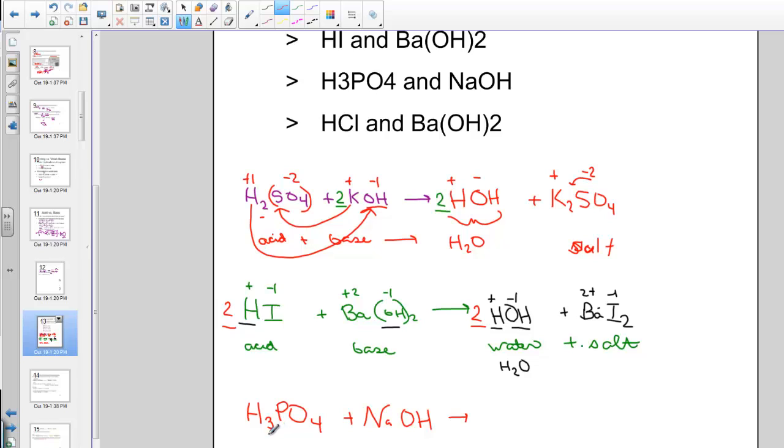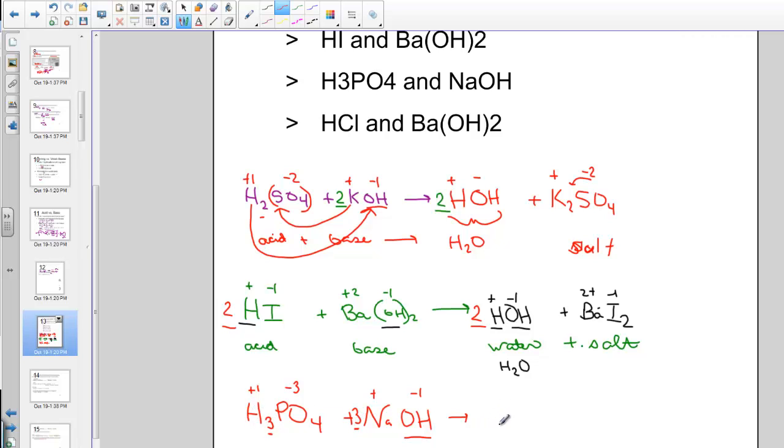Let's predict if we have 3 acid ions being neutralized there by the phosphate polyatomic ion, PO4 is polyatomic phosphate, and we have it reacting with sodium hydroxide. How many of these base ions do you predict will need to neutralize all 3 of those protons? I'm with you. I'm going to predict that, we don't know yet, but it's going to be a 3.